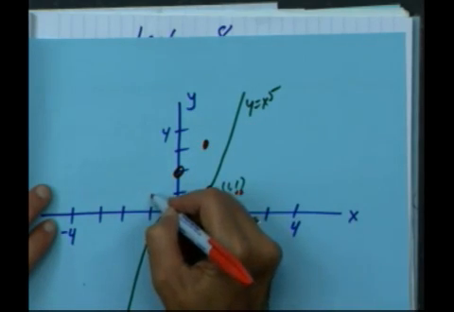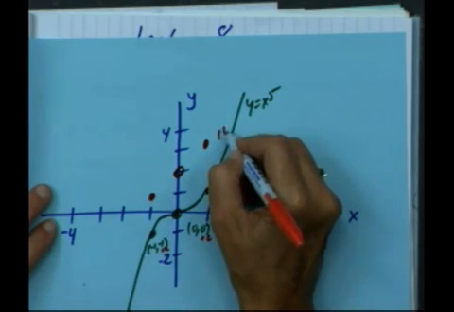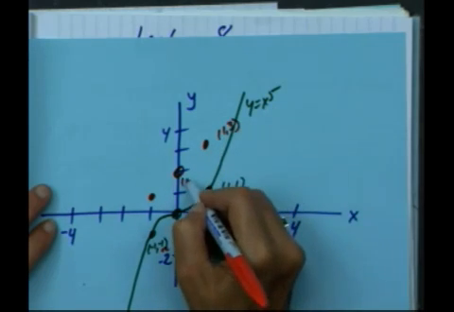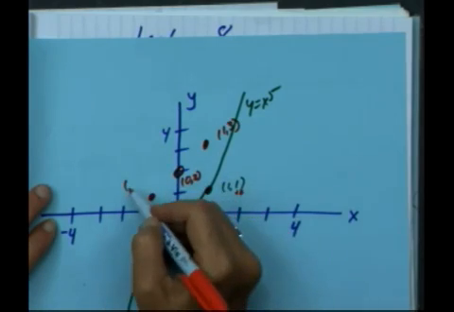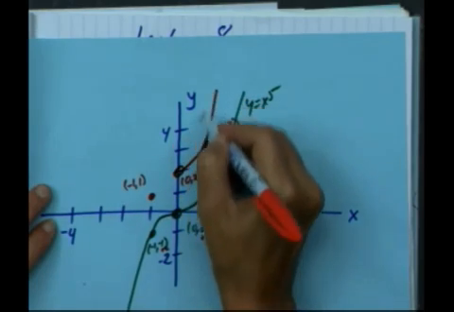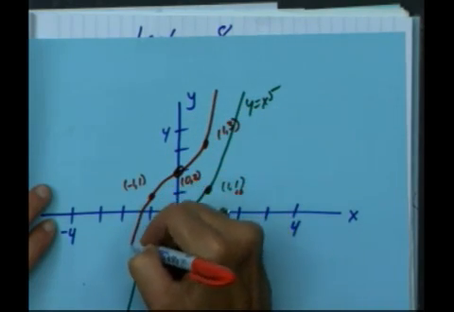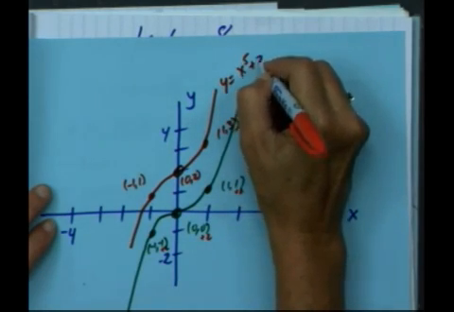And -1, 1. So this is 1, 3, 0, 2, and we have negative 1, 1. Same graph, just pulled up. So this is y equals x to the 5th plus 2.